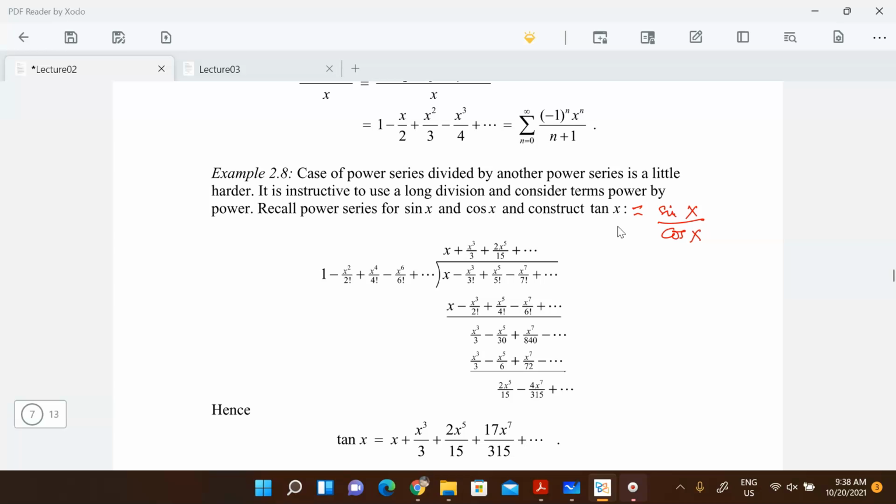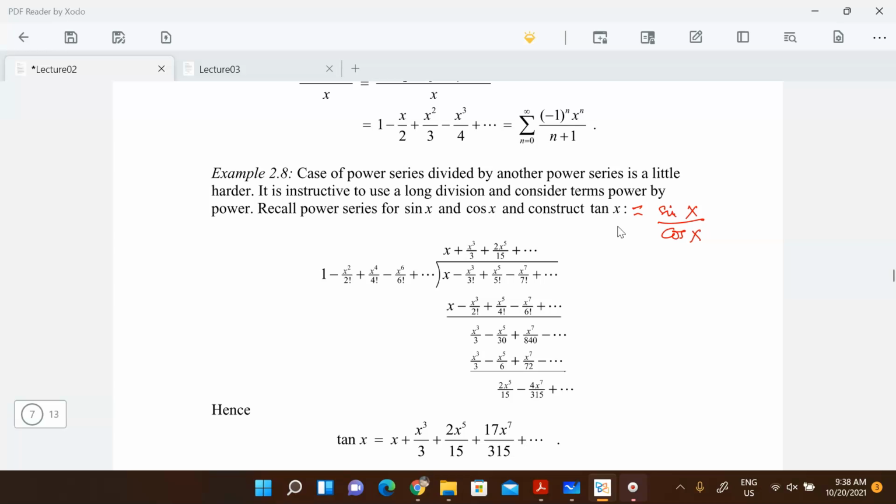How do I do the division here? Well, in order to get an x over here, I need to multiply x to that, and that will remove this x.